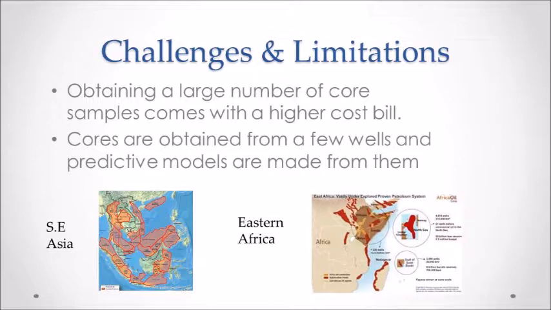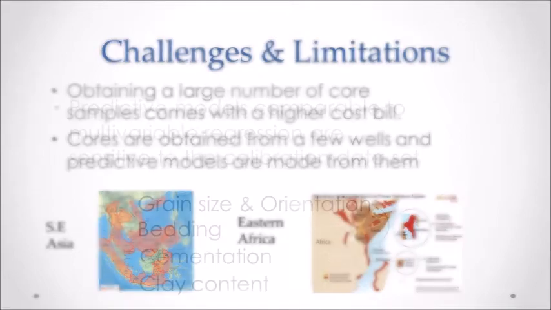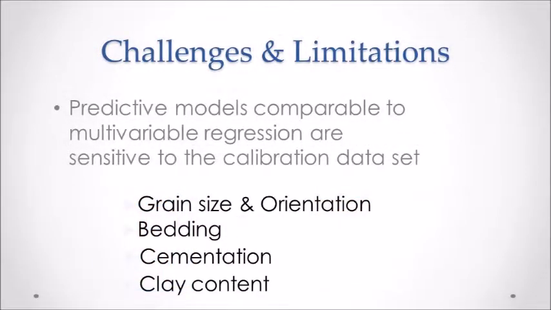However, in many frontier exploration and development markets, such as Southeast Asia and Eastern Africa, this cost may be even more compounded due to the fact infrastructure is a stumbling block and a mature supply chain is not present. As a result, major companies and independents operating in these new markets could possibly see their operating costs spiral out of control. Lastly, predictive models comparable to multivariable regression are sensitive to calibration dataset.